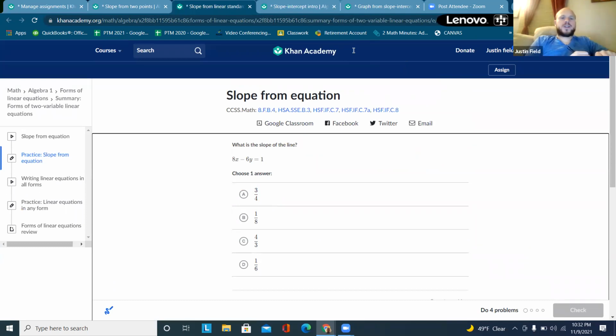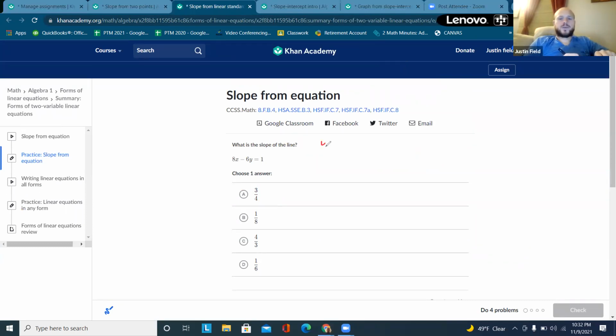If the equation is not in slope-intercept form, which is this, then we need to get into slope-intercept form. So we can move the terms around just like we do when we're solving equations. We only want the y to be on the left. Y on left only. And then you're in slope-intercept form. So let's just move the terms.